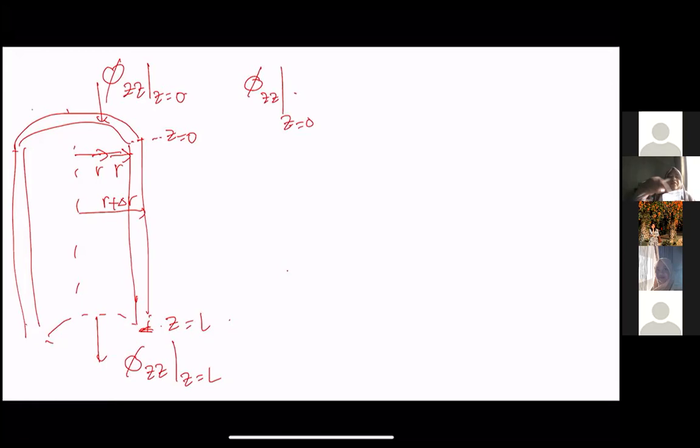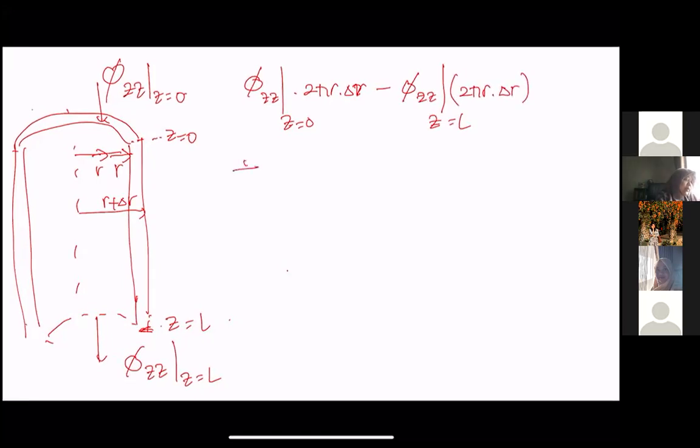Which is 2πR multiplied by delta R. Then minus C_zz at z equal to L, multiplied again by 2πR delta R.